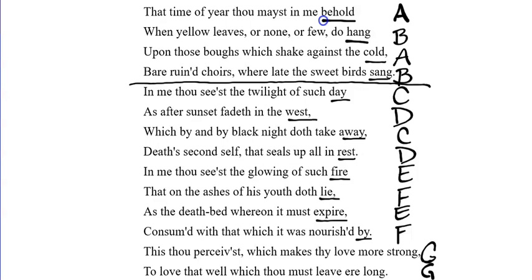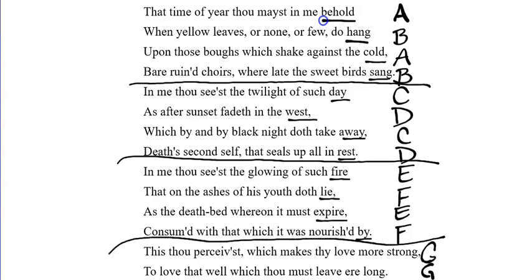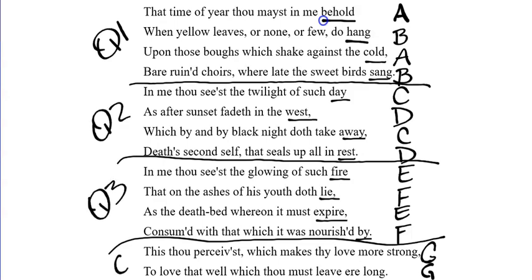So A B, those go together. Then it changes to C, D. That's the end of quatrain 2. E F is quatrain 3. And then you've got your couplet at the end. So this is quatrain 1, quatrain 2, quatrain 3, and your couplet.